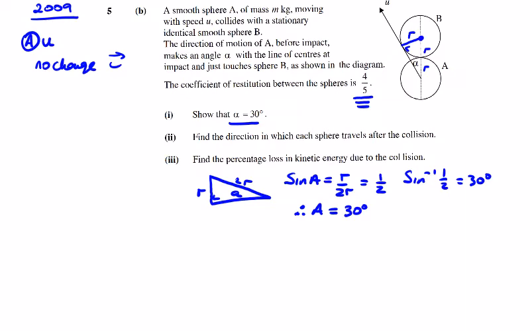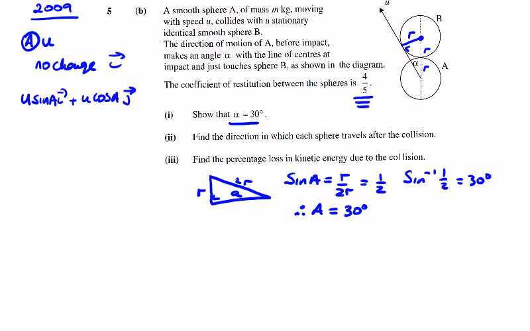Find the direction in which each sphere travels after collision. So we write down our vector. It's going to be u, and because it's along the J line, it's going to be u sine alpha in the I direction, plus u cos alpha in the J direction.